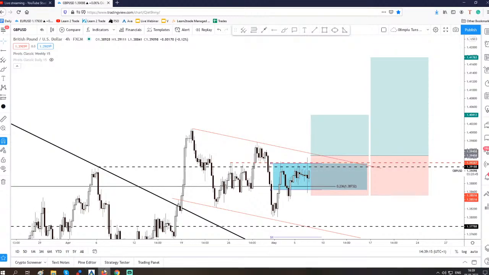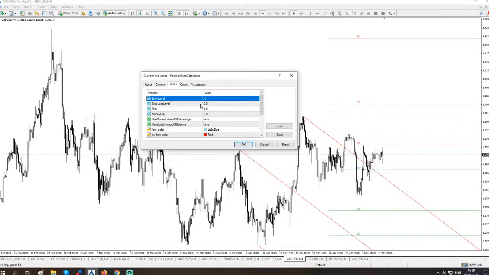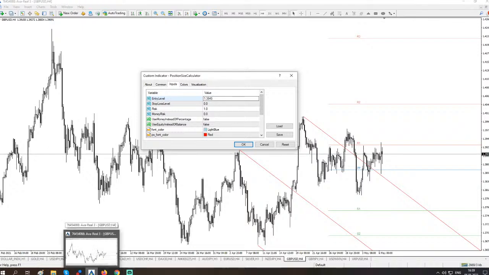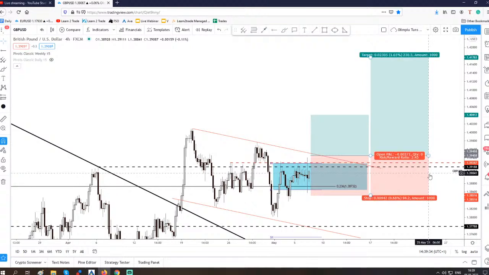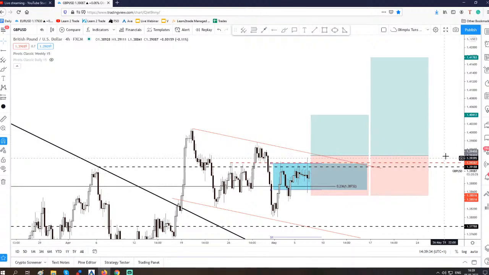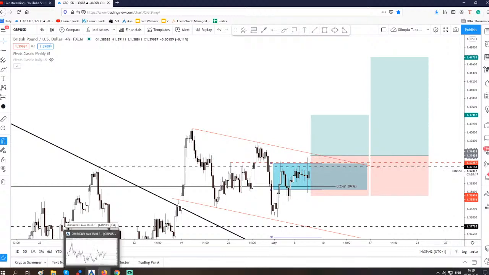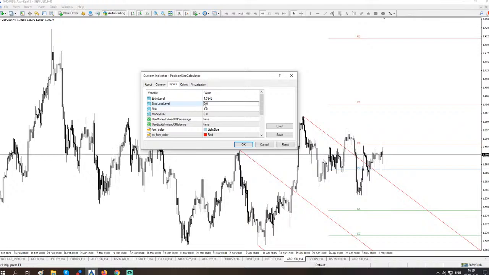So 1.3945, guys, our entry level, our buy stop. So we will place a buy stop position at 39.45. The stop loss is at 1.3851, 38.51 guys, one moment.